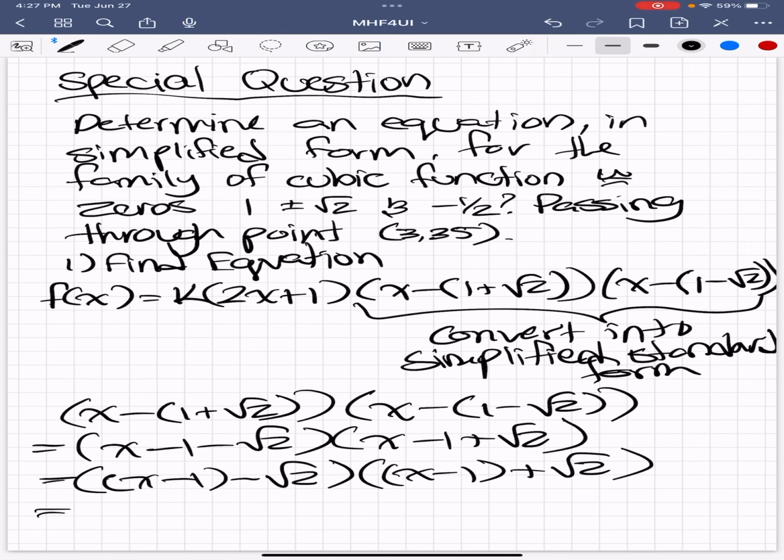What we're going to do is take this x minus 1 and square it when we bring it down. And then we're going to get rid of that radical sign. We're going to do minus 2.